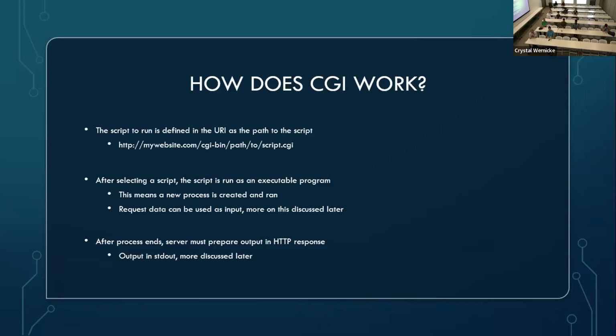I'll explain how I pass input in my demonstration later. And after the process ends, the specification defines a set of rules that the application must follow when returning data, and the server must use what's returned by the application to prepare the HTTP response.